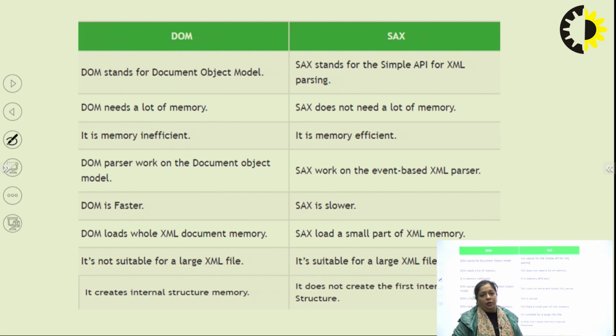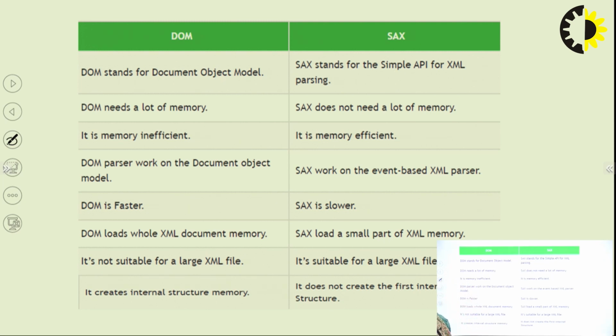As we had already discussed, in a DOM parser the entire document is loaded into memory in the form of a tree-like structure, whereas in SAX we are not going to load the entire document into memory. It reads the document line by line, and wherever an event is encountered, only there it applies the parsing. This is the major reason due to which DOM needs a lot of memory, whereas SAX does not.